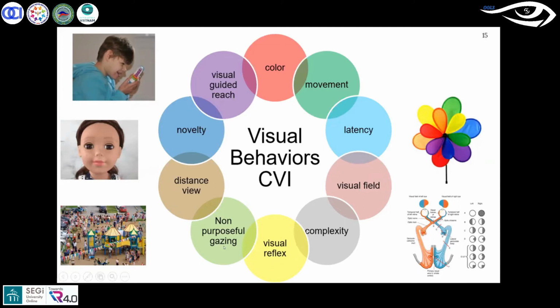They have non-purposeful gaze and distance view difficulty. And then number 8 is novelty of a new thing. Second last is visual guided reach, and the last one is visual guided reach, seeing and also reaching at the same time. Now let's go quickly one by one.